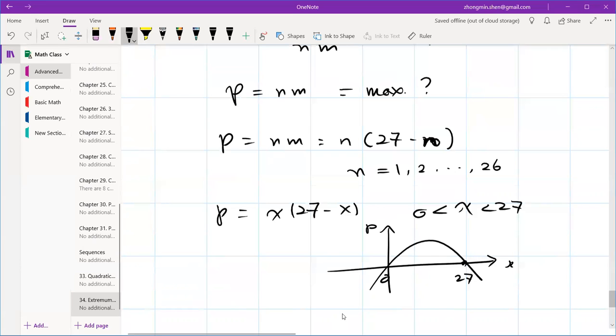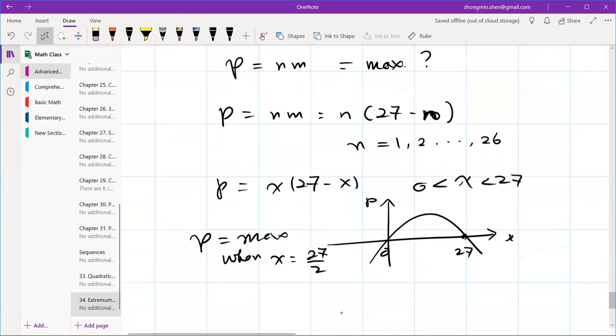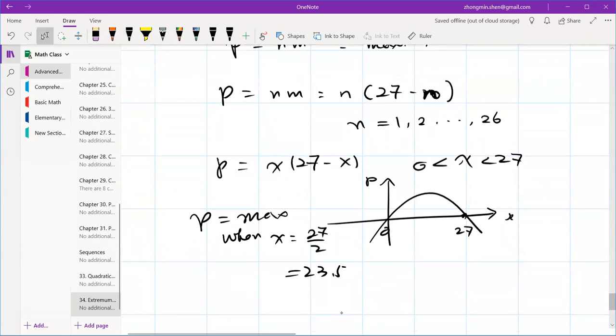For this function, the maximum value occurs when x equals half of 27, okay? P is the maximum when x equals 27 over 2, which is 13.5. But we only consider the integer values, okay?